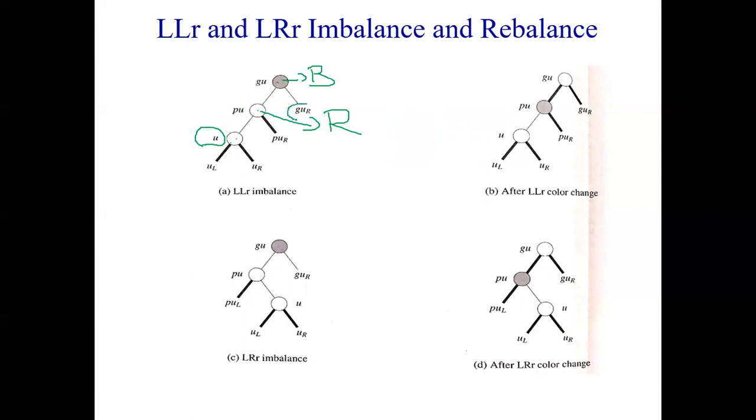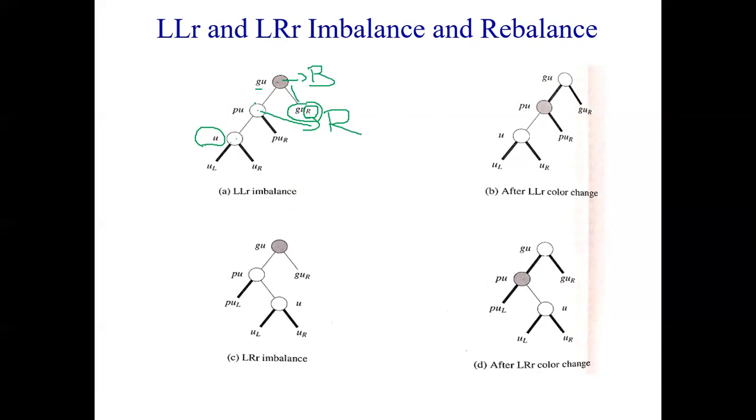Now you check the color of the parent's sibling. So the parent's sibling is this GUR. GUR means grandparent's right child. This pointer itself shows it's a right child, and this R represents that it is red in color.